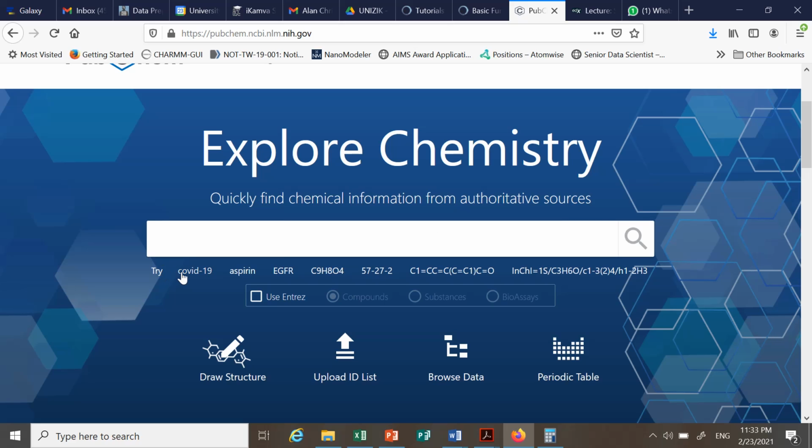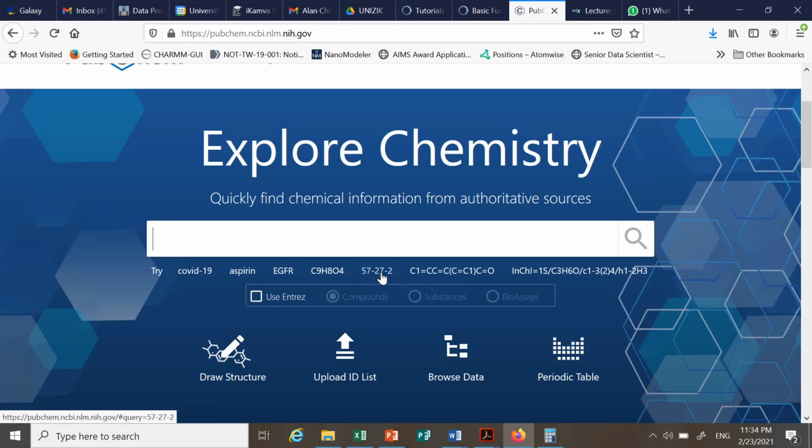So let me call your attention to this at the bottom. You can use words like COVID-19, a disease, this current pandemic, to search for compounds related to that. You can use the name of the compound, the name of the protein, and you can use the formula of the compound.